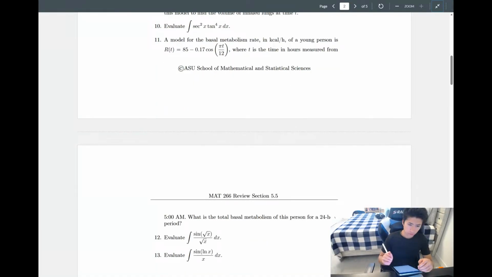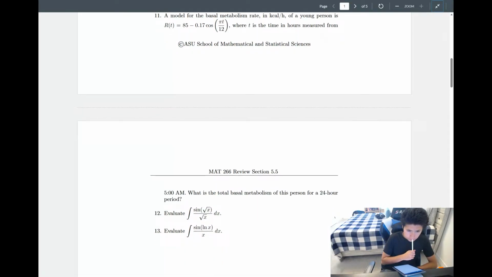Okay, a model for the basal metabolism rate in kilocalories an hour of a young person is R of t equals 85 minus 0.17 cosine of pi t over 12, where t is the time in hours measured from 5 a.m. Gotcha.